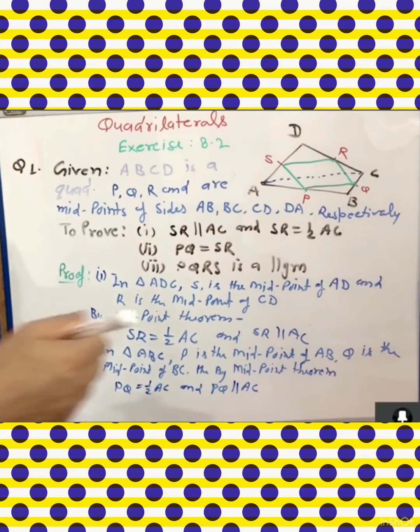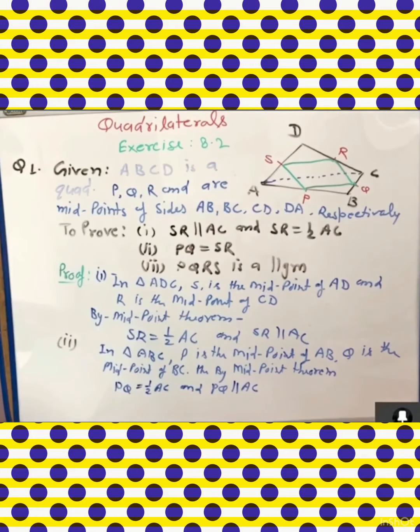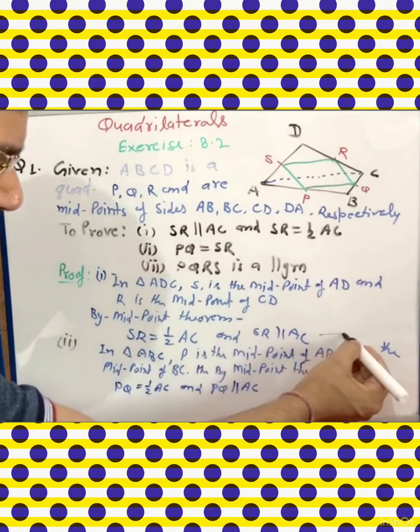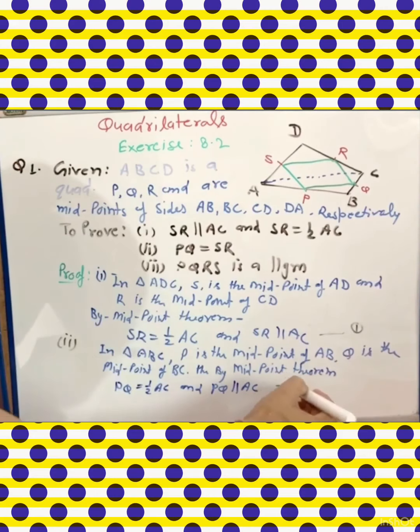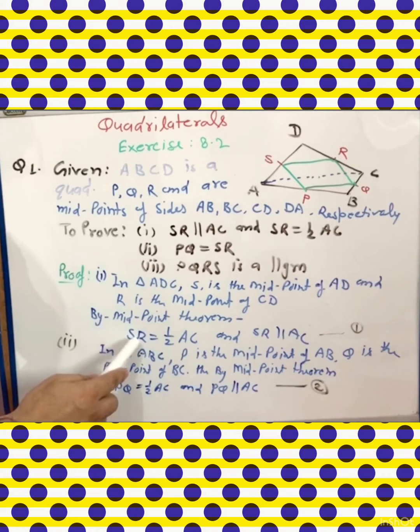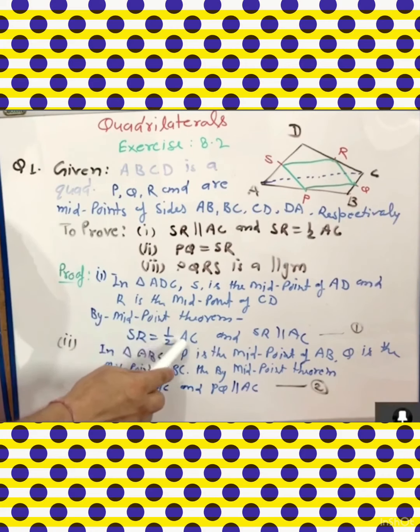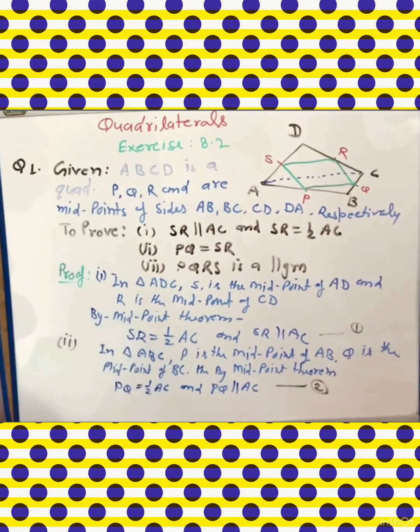This is equation number 1 which we proved in the first part, and this is equation number 2. So what do you observe from equations first and second? In equation number first, SR equals half of AC, and in the second equation PQ equals half of AC, meaning the right hand side is half of AC in both equations.